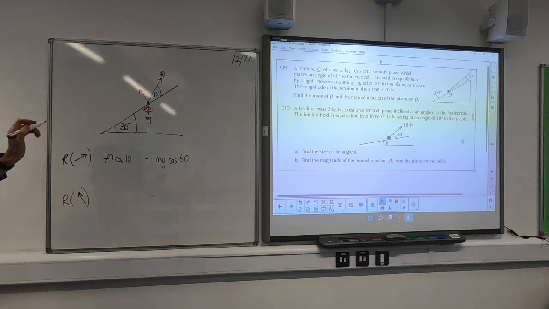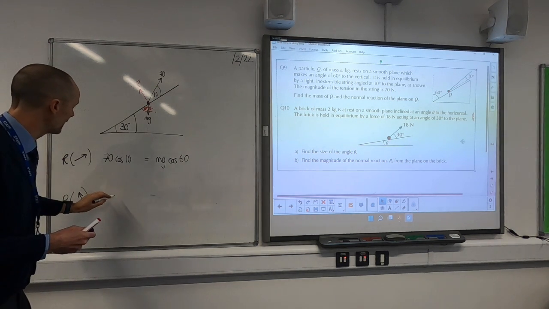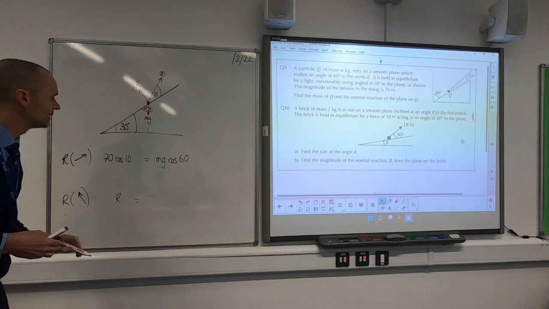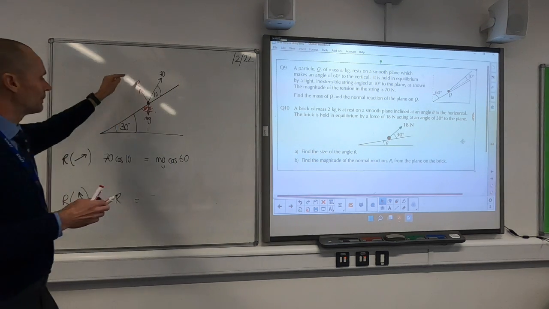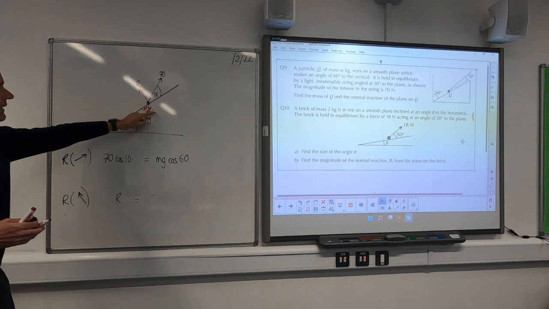So the force up, which is parallel, there's no angle involved there, is r. Because I'm thinking about this angle here, I don't need to worry about an angle there. But this force is at 30 degrees away from that direction.